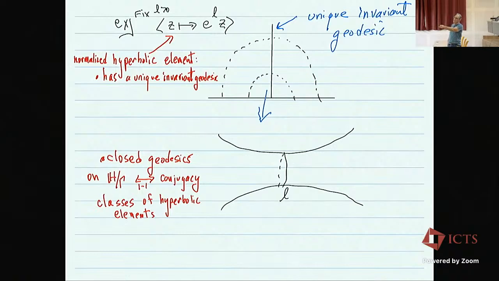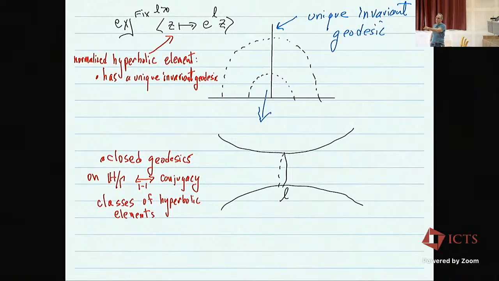And it has a fundamental domain. Well, what does it do? It takes this geodesic perpendicular to this axis to this geodesic. This distance is hyperbolic distance L, okay? And in the quotient, you get topologically a cylinder, but more importantly, you get a geometry that looks like this.